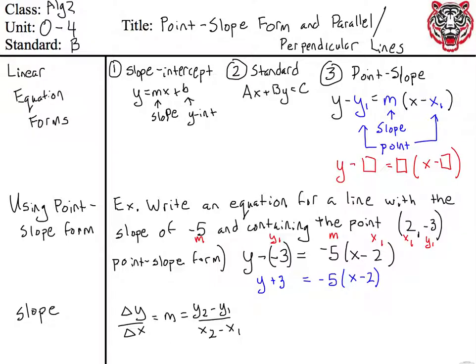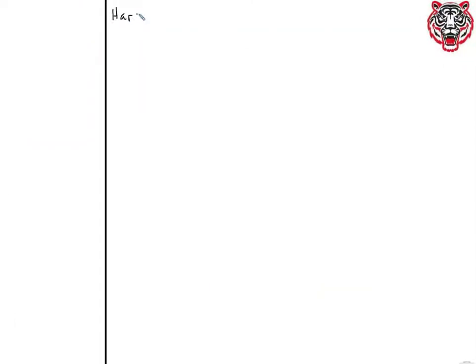All right, let's try another harder example. So you can label this. Wait, did we do an example on the side? We did an example right there. So this is going to be a harder example. Write the equation for a line containing the points.